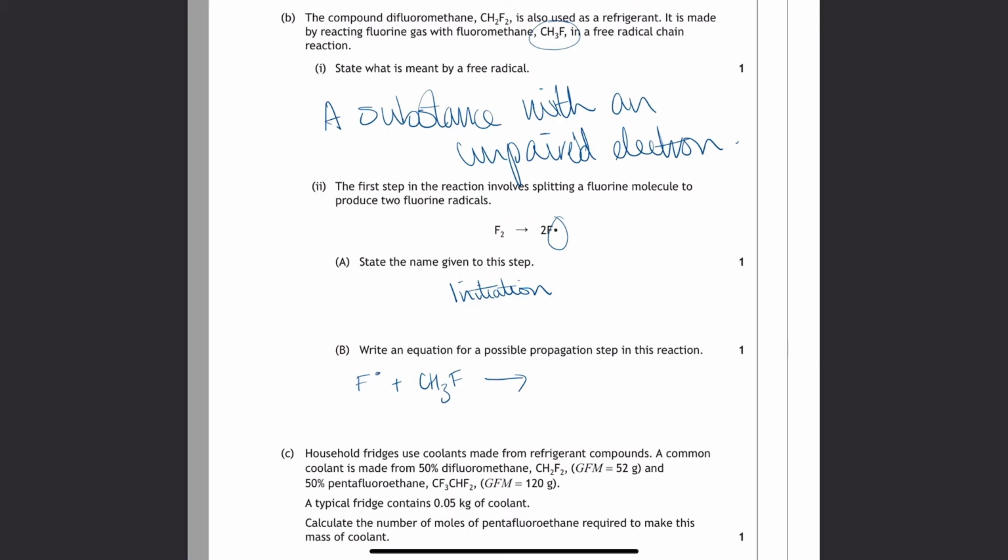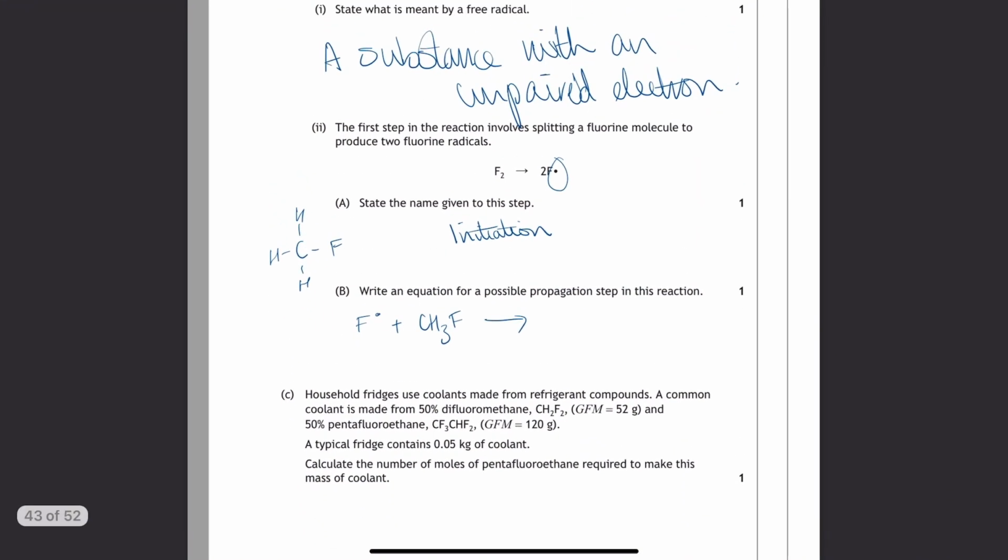So if I draw the CH3F out fully, you can kind of see what's happening. So this fluorine atom is going to steal one of these outer atoms and basically swap places with it. So if this fluorine was going to take off a hydrogen to stabilize itself, it would become HF, and then we would be left with CH2F dot, because that hydrogen has now been taken off by that fluorine to stabilize itself.